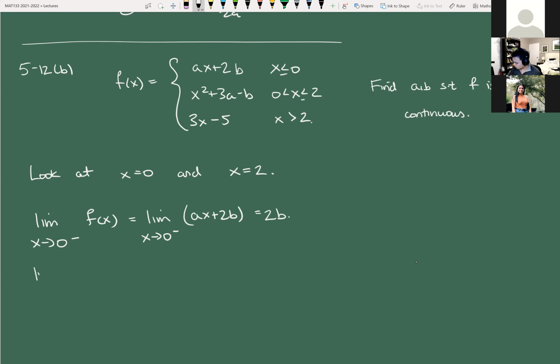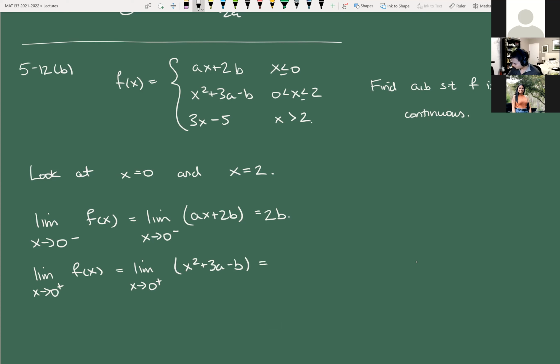Okay, same thing. So now we approach the limit as x approaches 0 from the right, f of x. What function do I use for this one? Yeah, okay, 3a minus b. Yeah, exactly, the second row. So x squared plus 3a minus b.